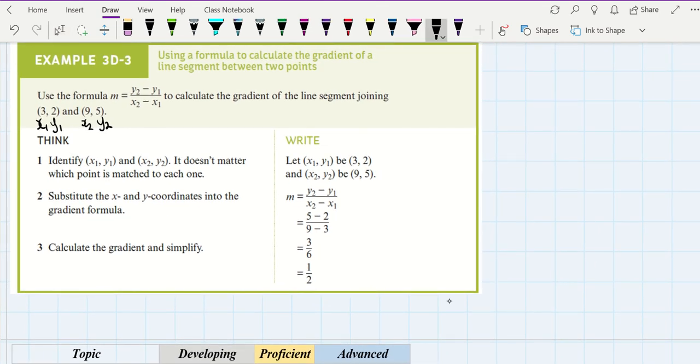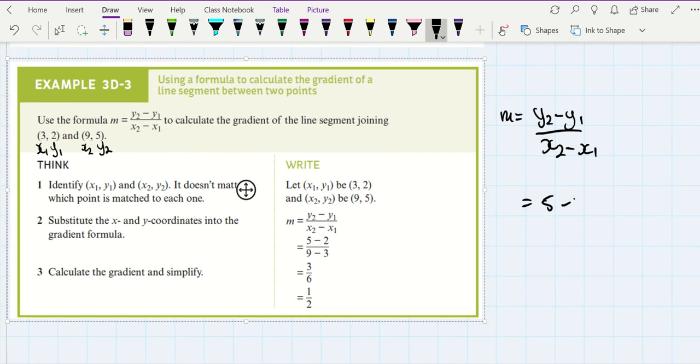So what do we say? Gradient equals y2 take y1 over x2 take x1. What's my y2? That's the 5. What's my y1? That's the 2. And what's my x2?